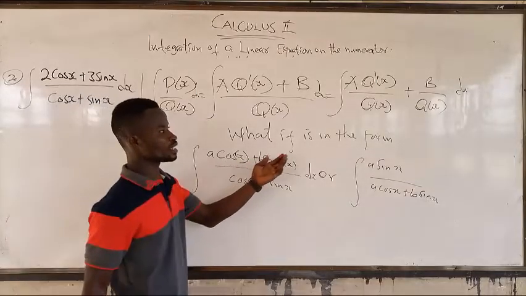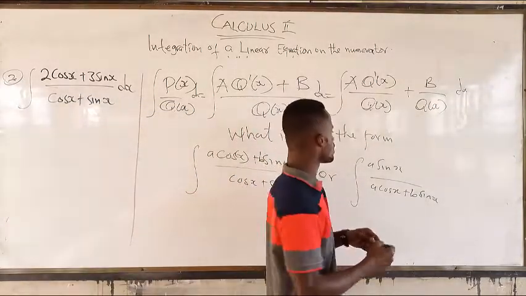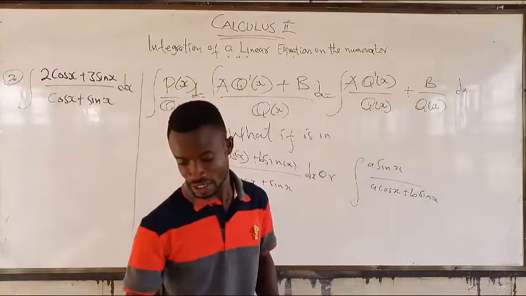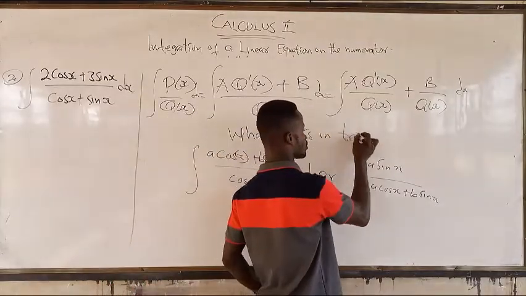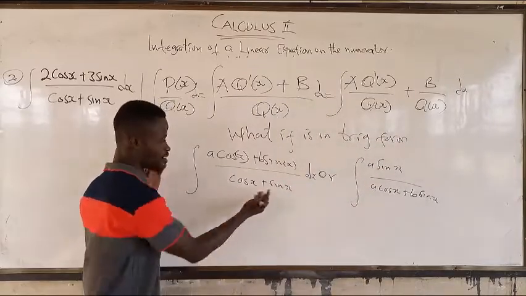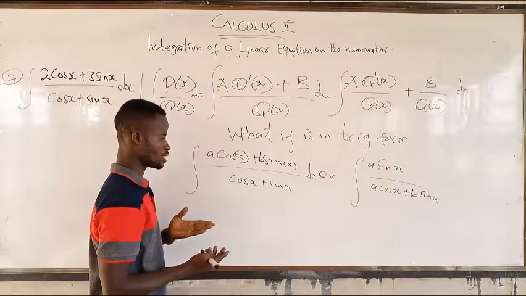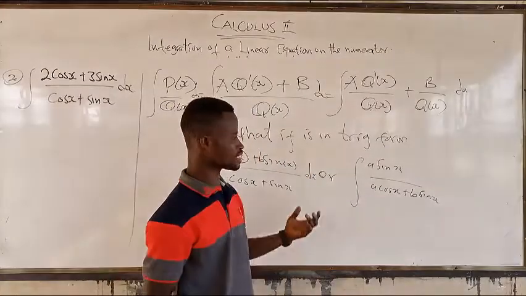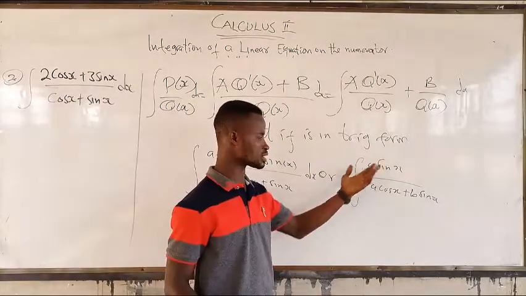Interestingly, what if it is in trig form? What if I have it to be in this way? It doesn't matter whether sine is on top or cos is on top.